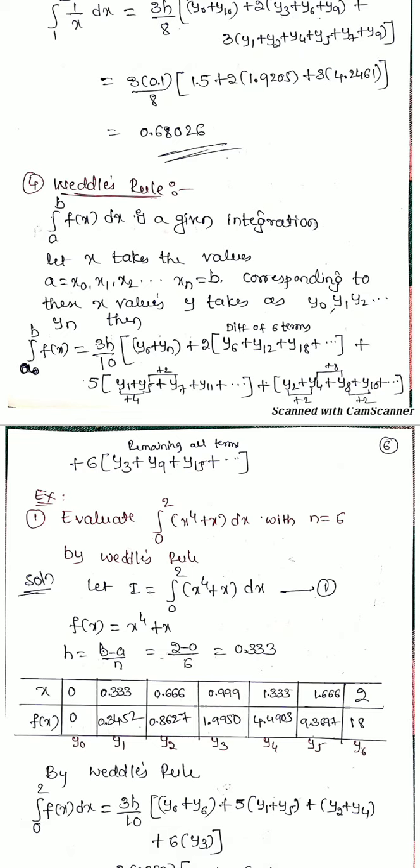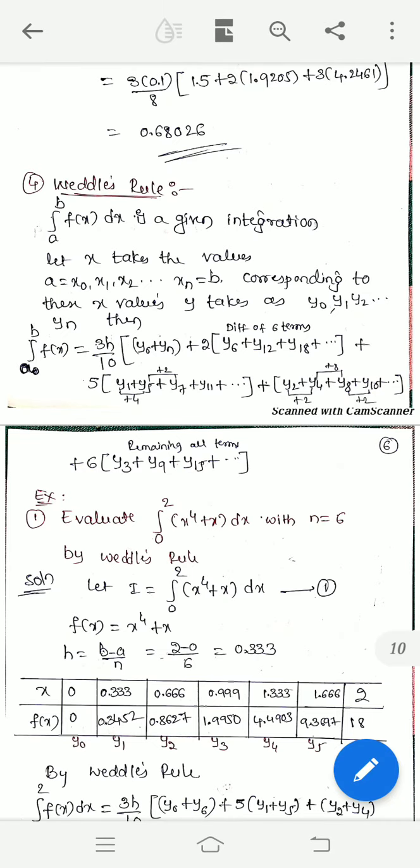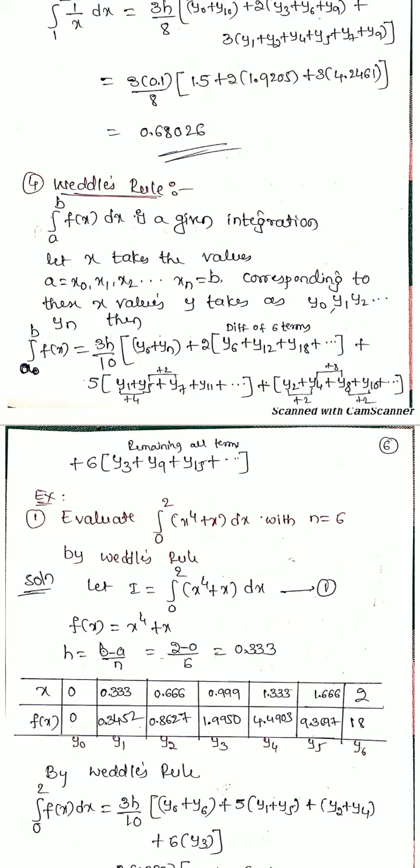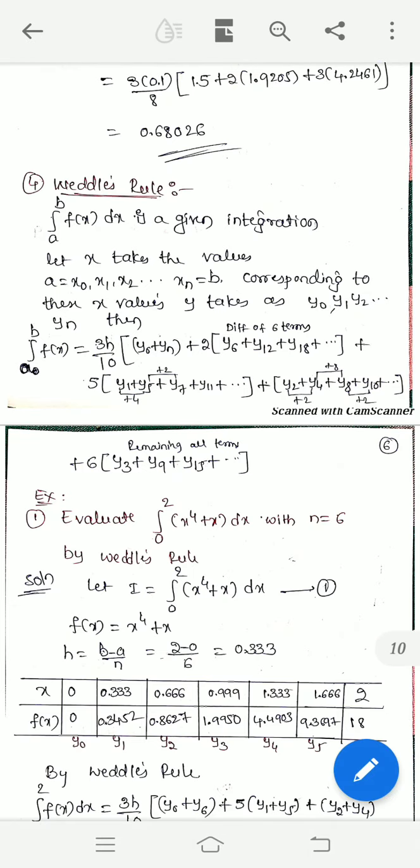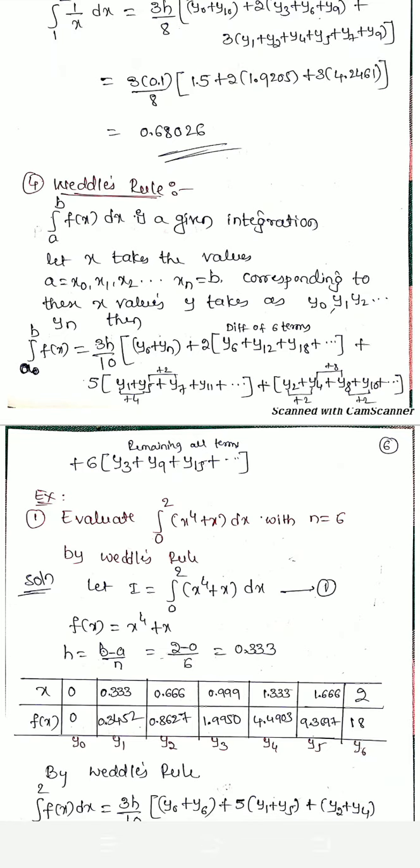Then we can write alternatively the difference of 4 minus 2: 5 into y1 plus y5 plus y7 plus y11, and so on, plus y2 plus y4 plus y8 plus y10, and so on, plus the last term will be 6 into all the remaining terms.